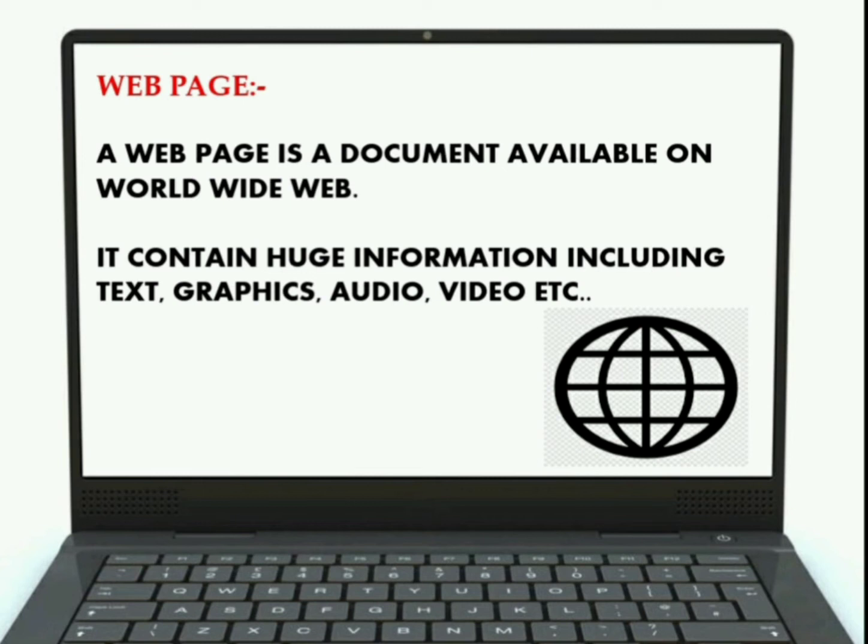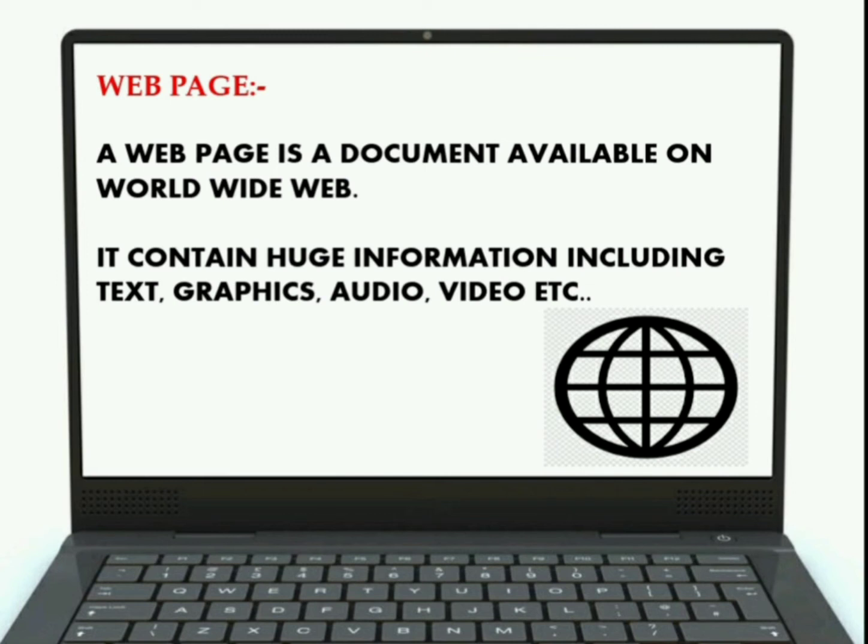World Wide Web is famously known as www. Web pages are stored on a web server and can be viewed using a web browser. So here it is clear that the web browser has a vital role in serving internet services.